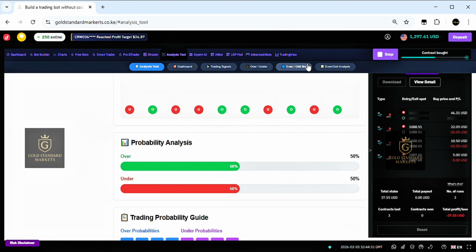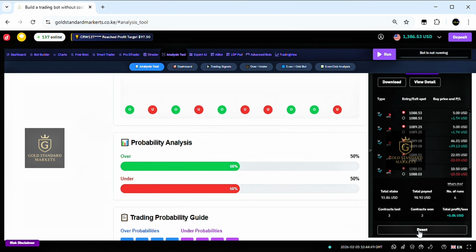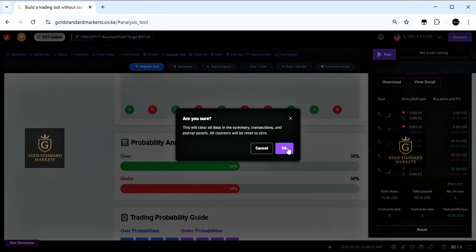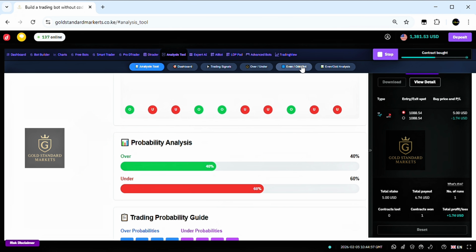So let's see how it's going to come back. You can see that, simple again. We're currently at $1,384, and we started from 1,315. So it is progress for sure. Let's keep pushing. So we reset and then we go in again.